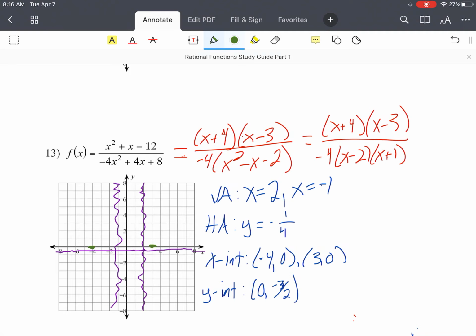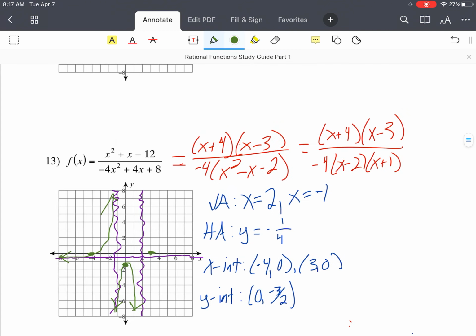So we've got x-intercepts at -4 and +3, and a y-intercept at -3/2. All right. Well, if you look at this, we have something in all 3 of our sections that are separated by vertical asymptotes. So this means we are not going to need any extra points at all, which is really nice. Okay. So we just know it looks like this here.